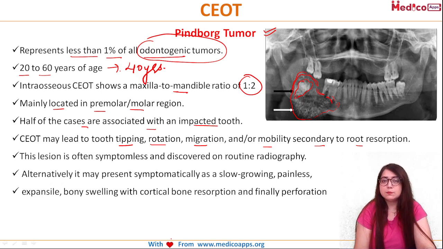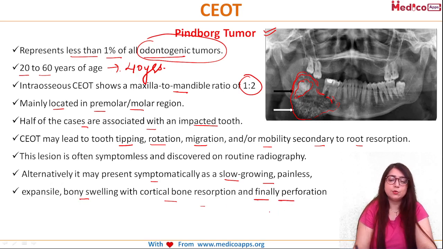It started with a small mass and now it is enlarging. So it could be symptomatic, and it occurs as a slow growing, painless, expansile bony lesion with cortical bone resorption. On palpation, you'll see that there is cortical bone resorption, and finally there will be perforation, that is through and through.